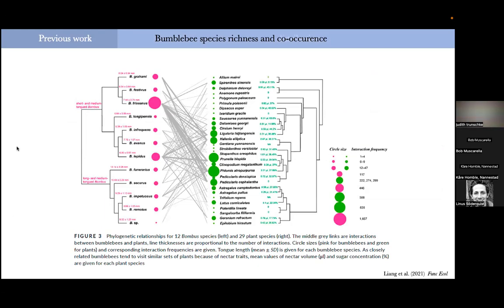The stripes in the middle, the connections, are the patterns of how they are connected, like which bumblebee is visiting which plant species. The size of the circles is correlated to how abundant these interactions are. So the bigger the circle is, the more often you find this interaction between this bumblebee species and this particular plant species.